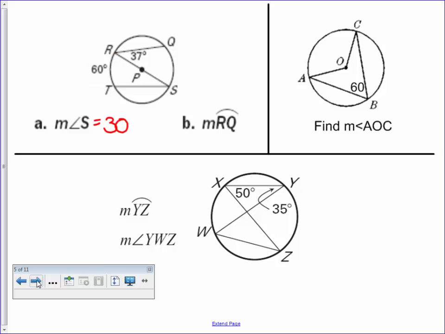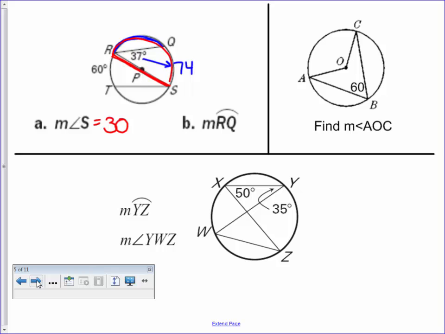Okay? Now we're trying to find the arc RQ. Well, if you notice, there's no angle that opens up to that arc. So let's take a look at some of the other information. Well, they gave us 37, so I'm going to just multiply by 2 to get the outside of that, which would be 74, right, to help us find our Q. And the reason I'm doing that is because if you pay attention, diameters are going to be really important, because remember, what does the diameter do to a circle?